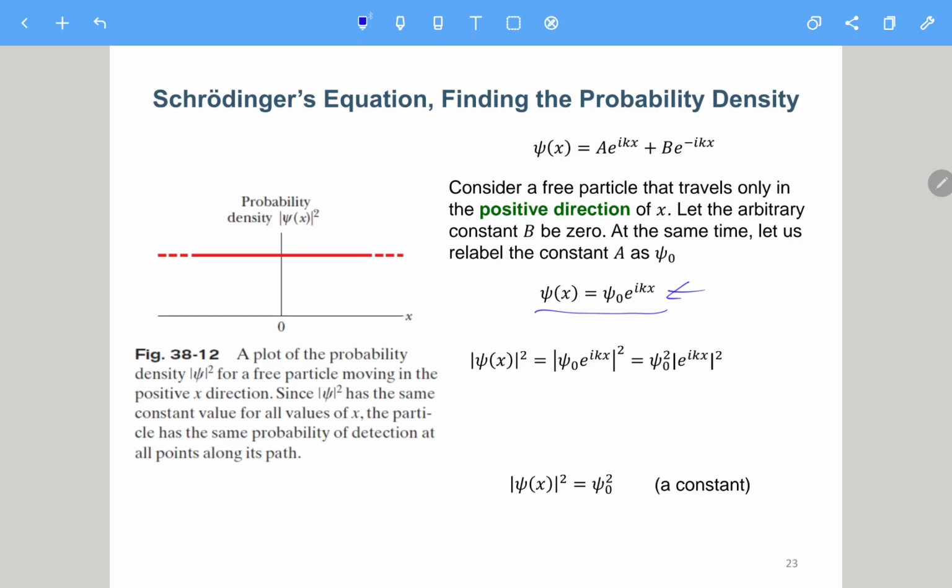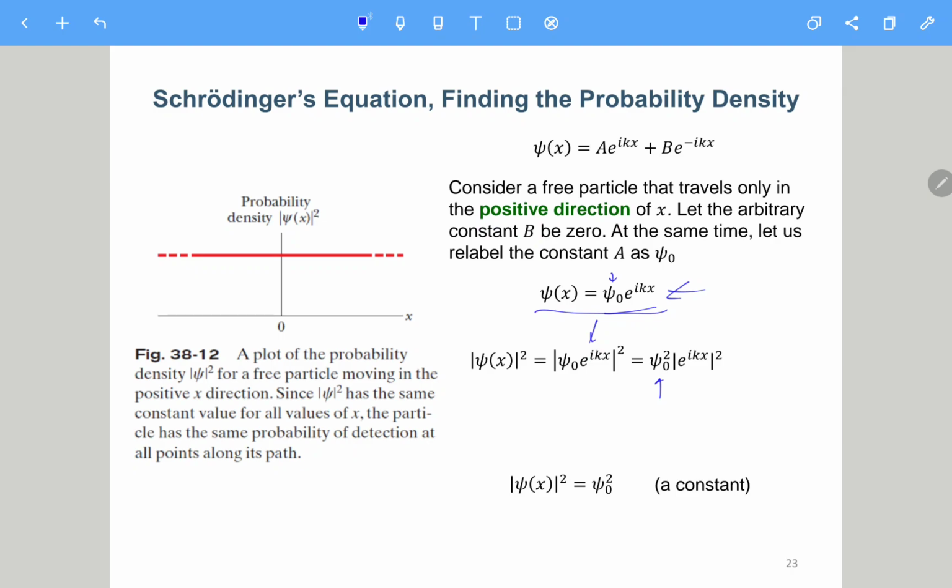So this is the wave function we try to solve. And so let's try to take the absolute value, and then take the square. And then we substitute this one into here. And phi 0, we also assume that phi 0 is nothing but a real value, so it just comes out.